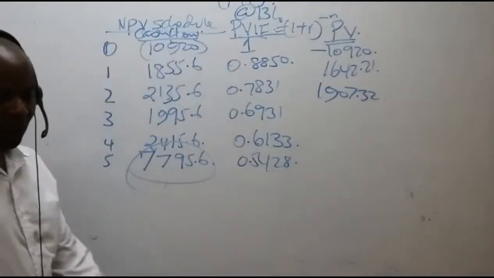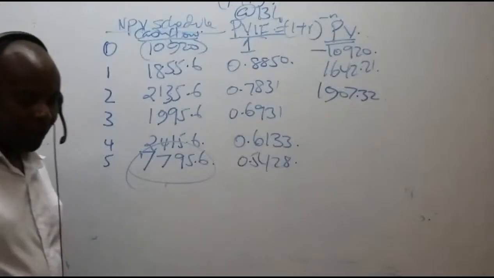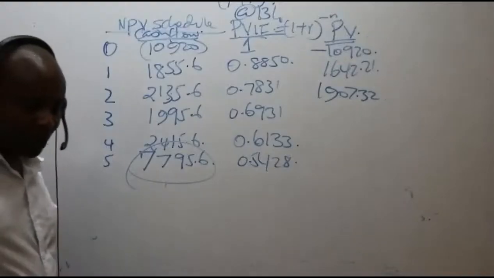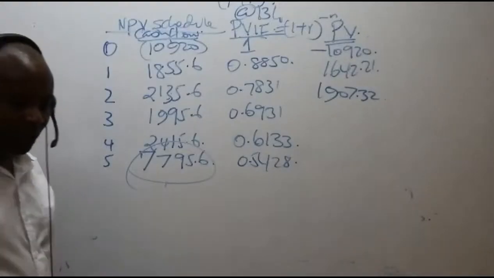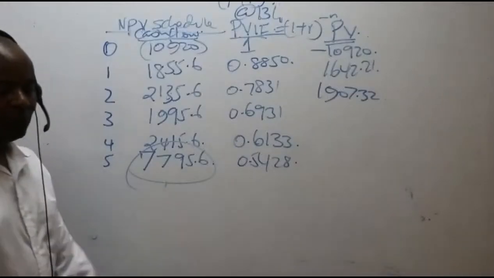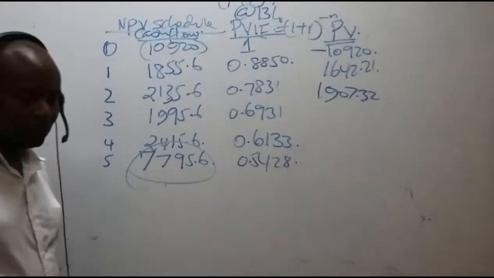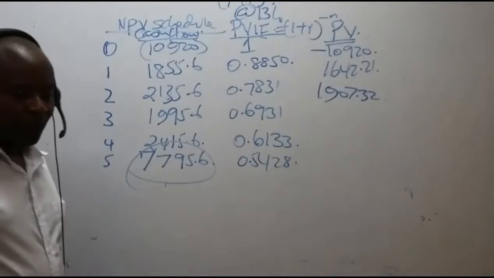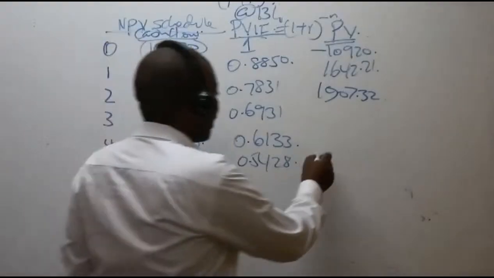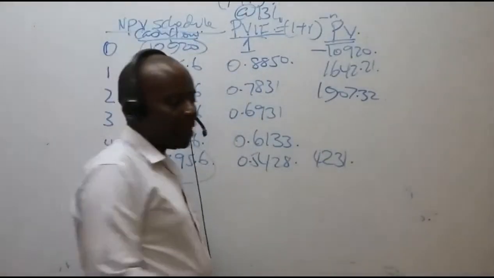The fourth figure. What do we have? Somebody there. So the last one is 4231.45.